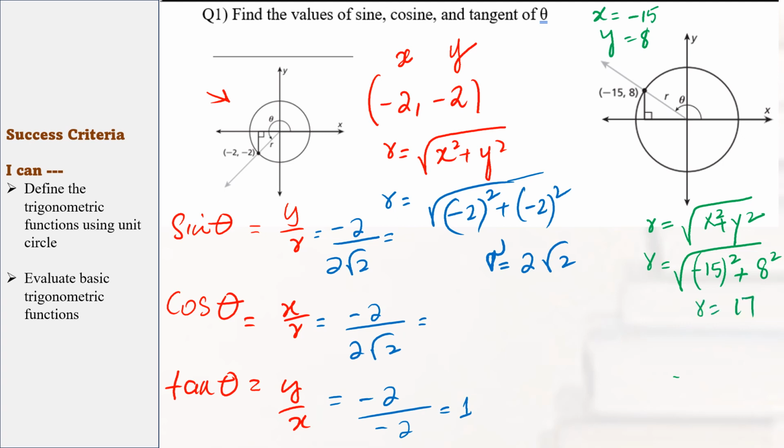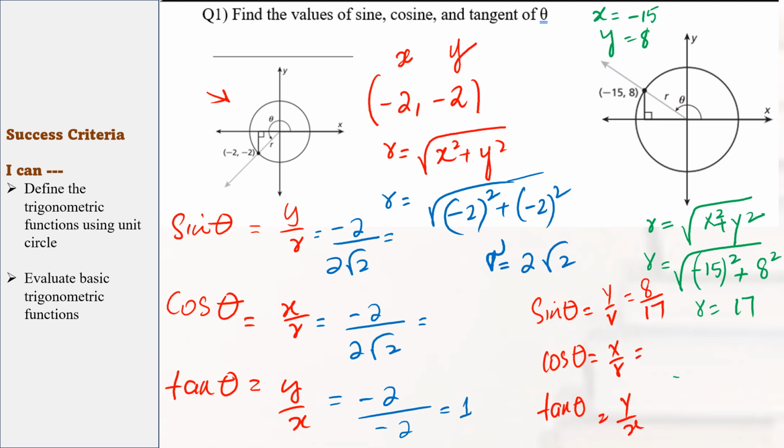Now second thing, we are going to write here sine theta, cos theta and tangent theta. We will write the formula, that is y over r, x over r and y over x. What is y? Y is 8 and r is 17.